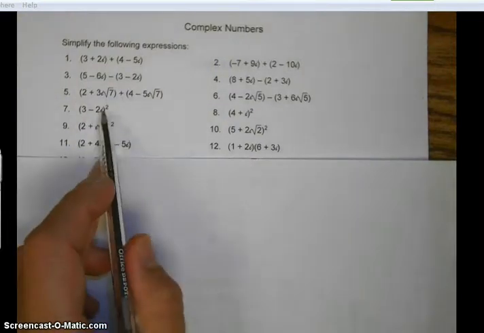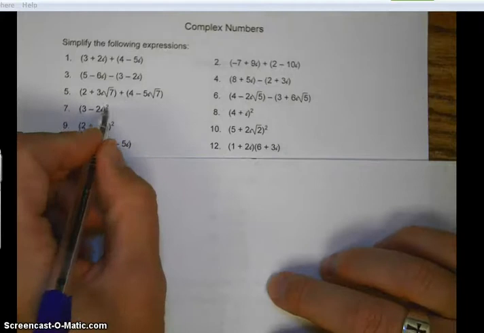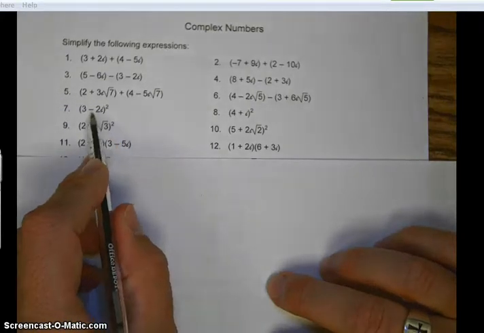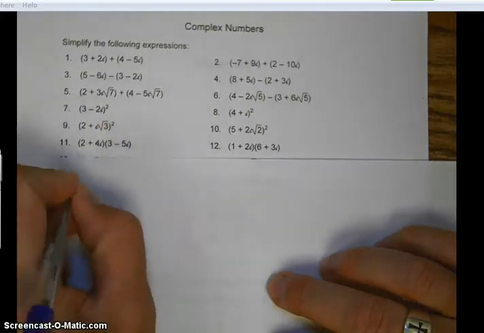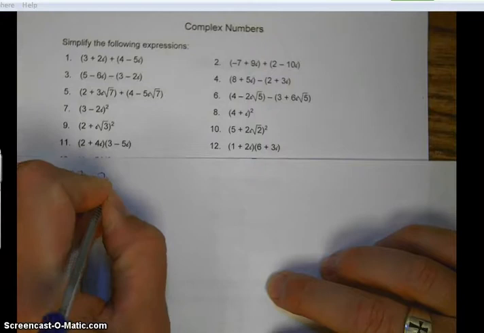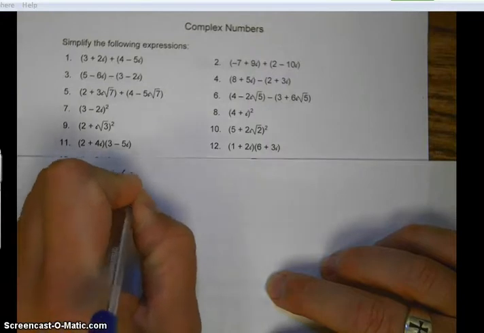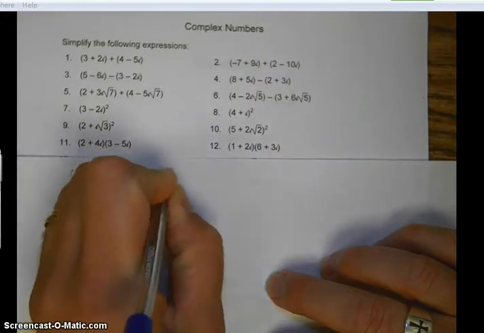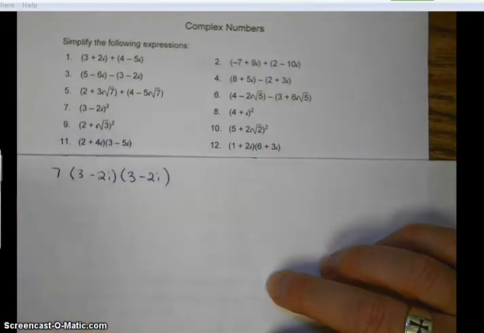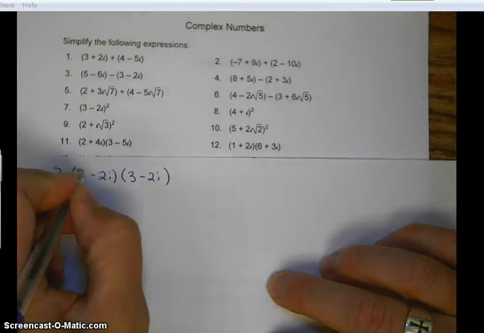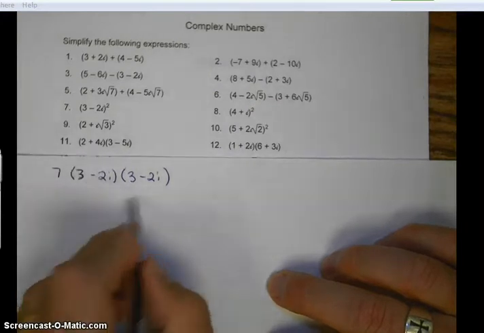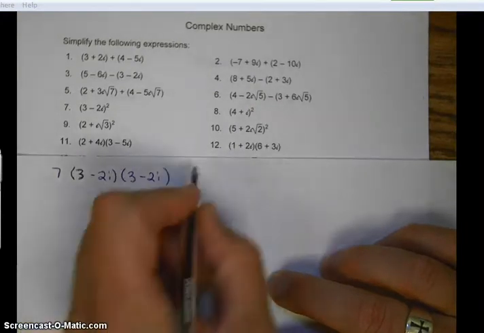Now for squaring, remember that the 2 means to multiply this times itself. So we're going to have 3 minus 2i times 3 minus 2i for number 7. And then remember that to multiply you have to FOIL.